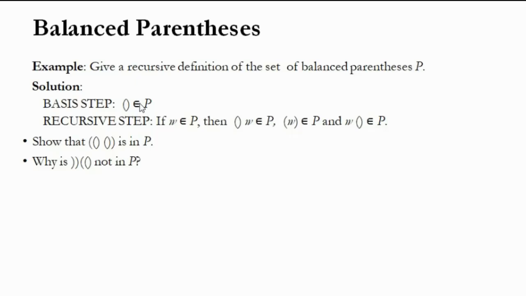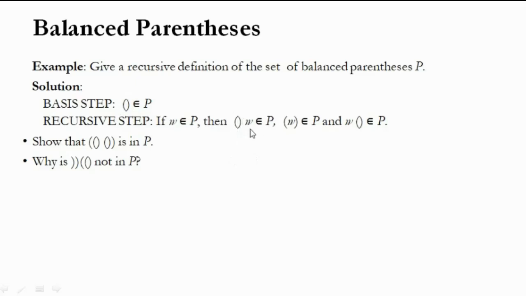In the basic step, if you don't mention anything within the brackets, then the opening bracket and closing bracket belong to a set, the balanced parenthesis set P. This opening and closing bracket may also come in the following forms. If W, some string, belongs to P, then the opening and closing bracket may come as a predecessor.